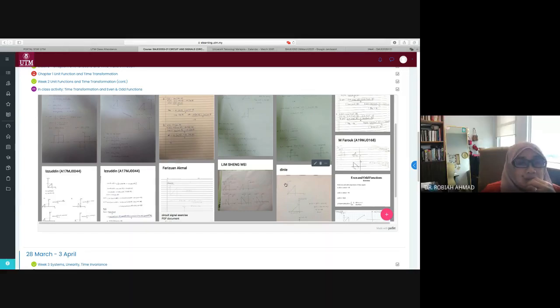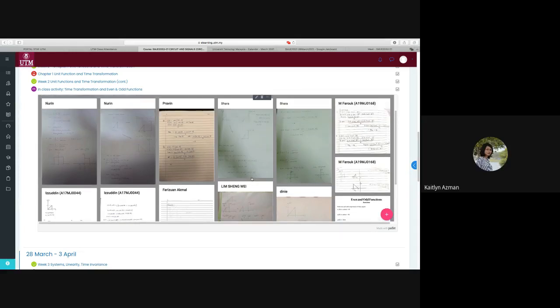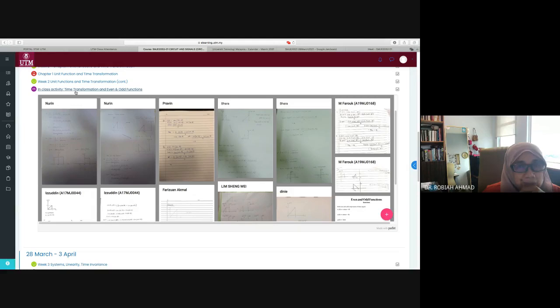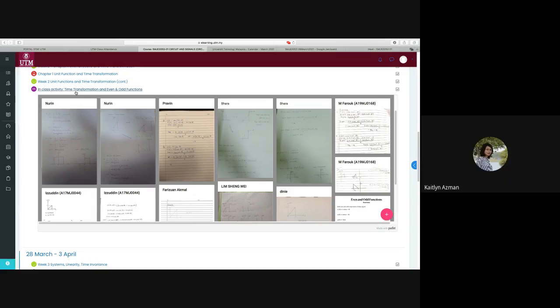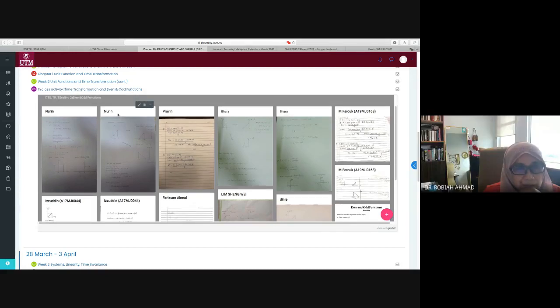When we talk about time transformation, the notes on time transformation where we have time shift, time reversal, and time scaling, all the example lah. Yes. So in the class, first we talk about time shift, and then time reversal, and then time scaling.